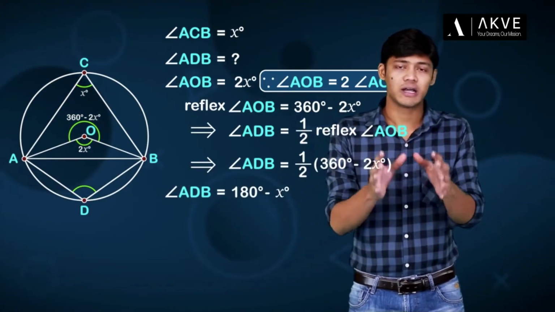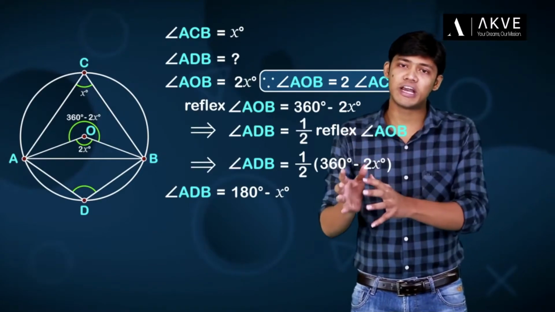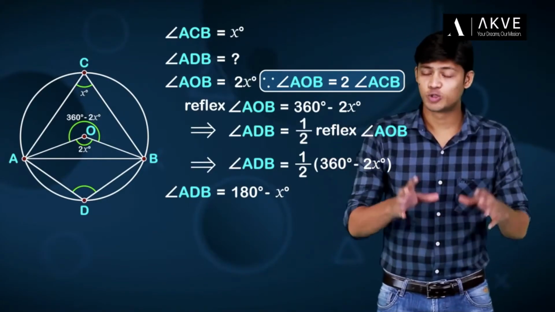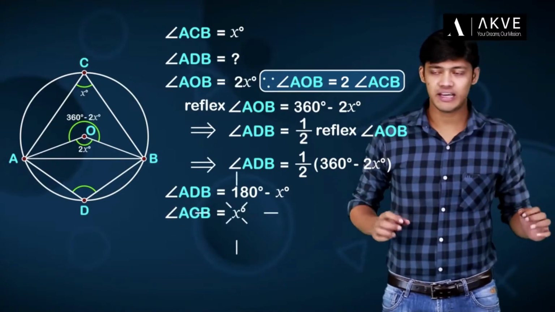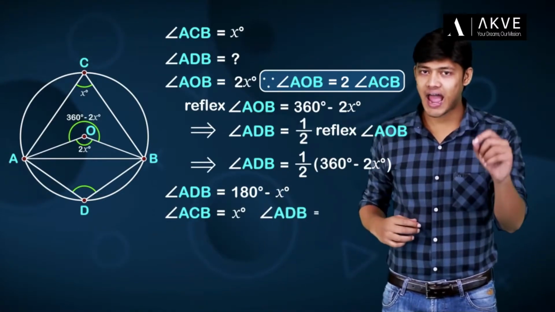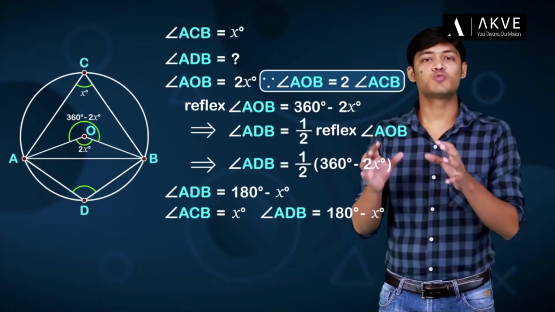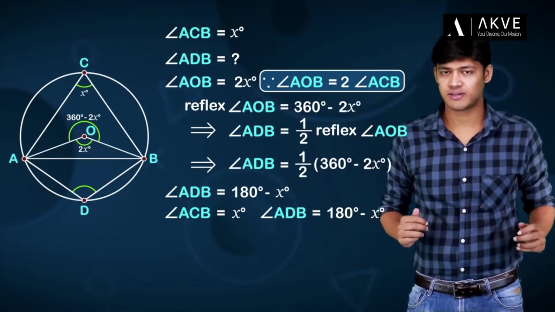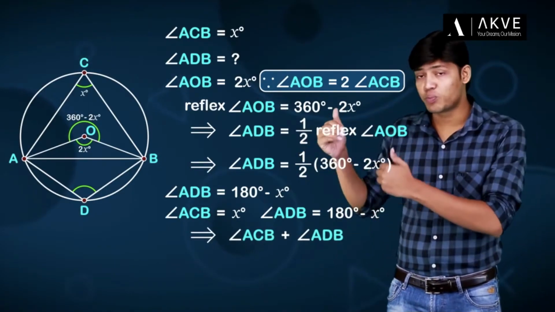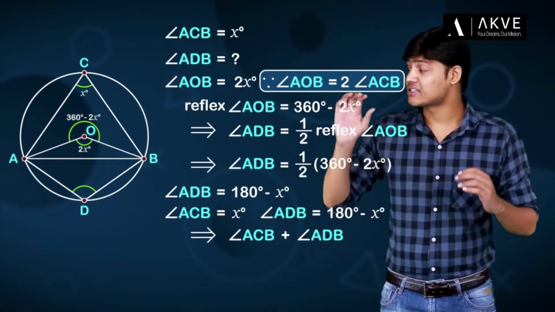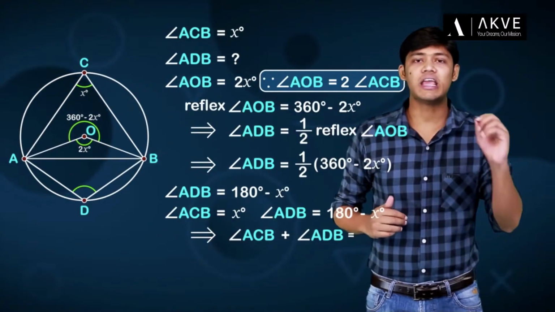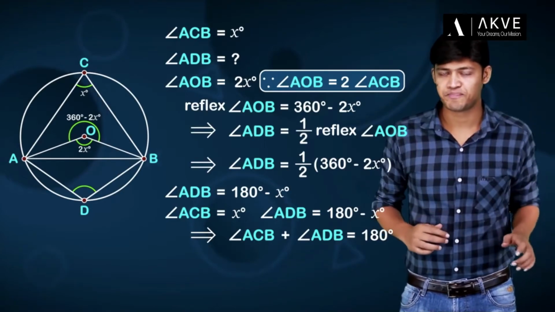So the angle ACB is x degrees and the angle ADB is 180 minus x degrees. Now if we add both of them, we get the sum of these two angles equal to 180 degrees.